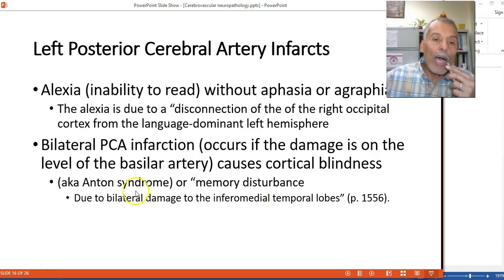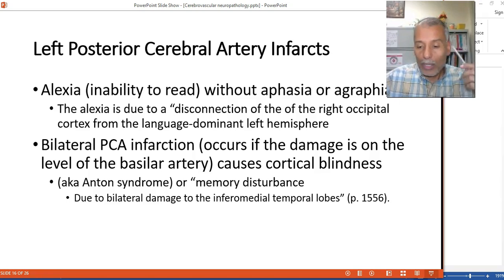So Anton syndrome, or cortical blindness, is a very strange disease where the person is blind, but doesn't think that he or she is blind. They insist that they actually see.